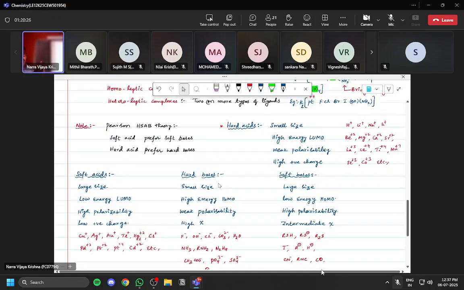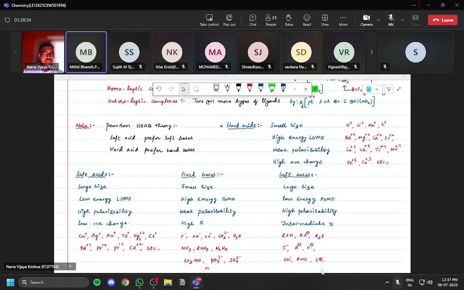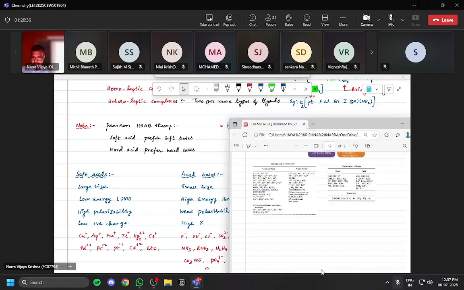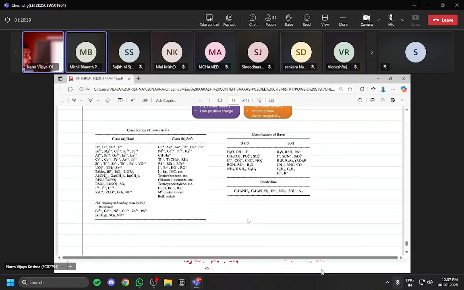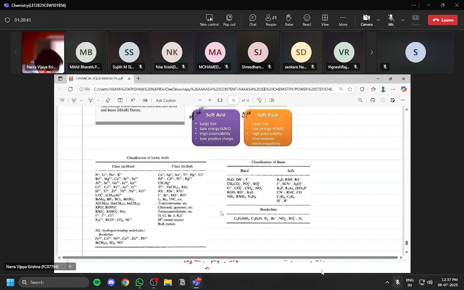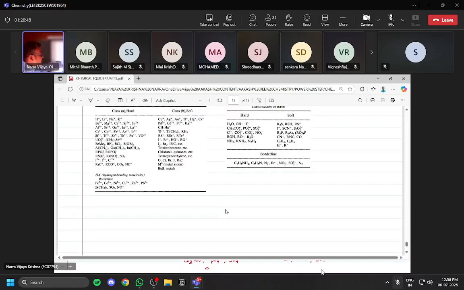Iron, Fe plus 2, Fe plus 3. Fe plus 3, higher charge means hard. Plus 2 is borderline, right? So they are not soft; they are moderate or hard.